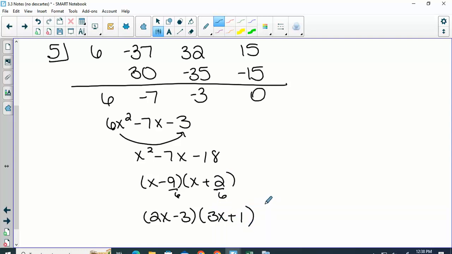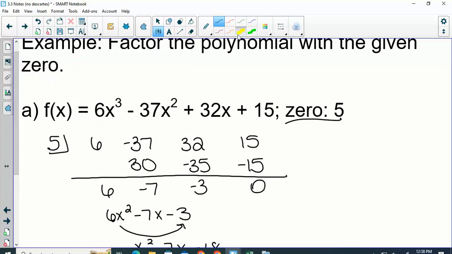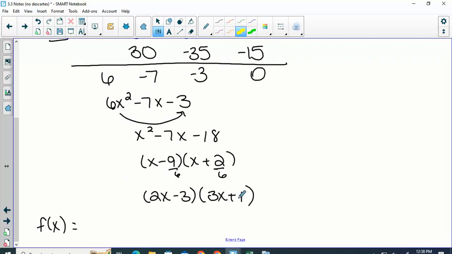Right. So my final factored form. A good indicator: this was originally x to the third, so that's degree 3. If I multiply these, what am I going to get? We hope so, yeah.